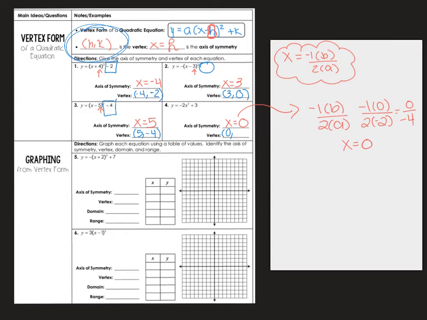And for number 4, with this one, we do have something sitting in the k position. But again, if you wanted to go back to the way that we were doing this before, all we'd have to do is plug in a 0 for x and see what happens. We end up getting 3 for this answer.